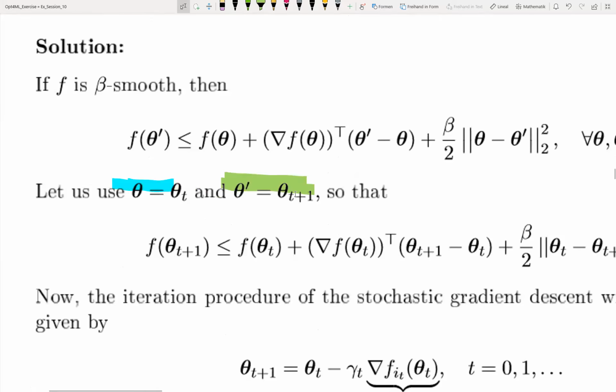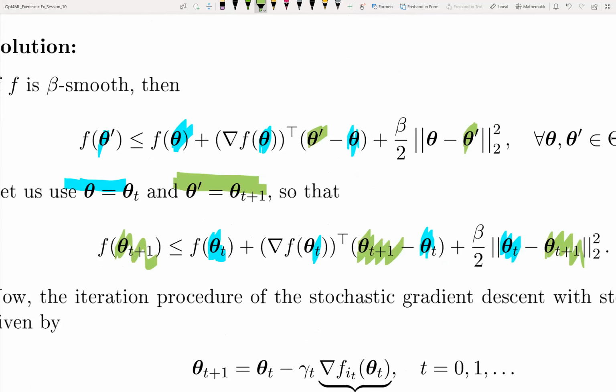And well, then we get this one, here theta t, and so on. And here we get this, right? Well, simple substitution.